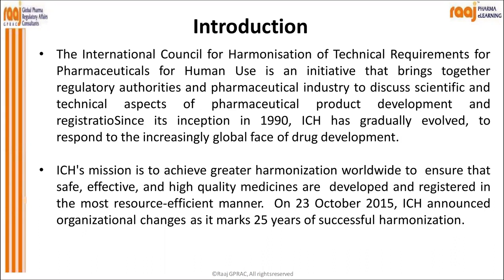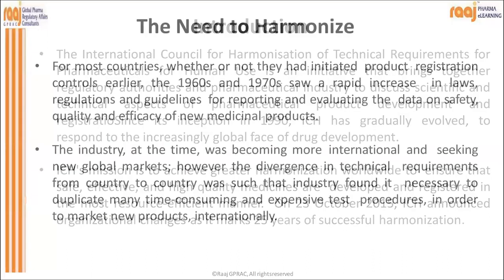It was a mission worldwide. The ICH mission was to ensure that safe, effective, and high quality medicines are developed and registered in the most resource efficient manner. On the 23rd of October 2015, ICH announced organizational changes as it marked 25 years of successful harmonization.